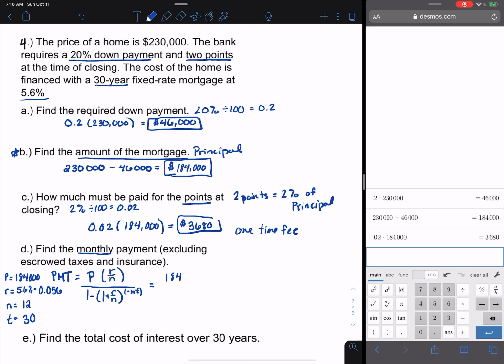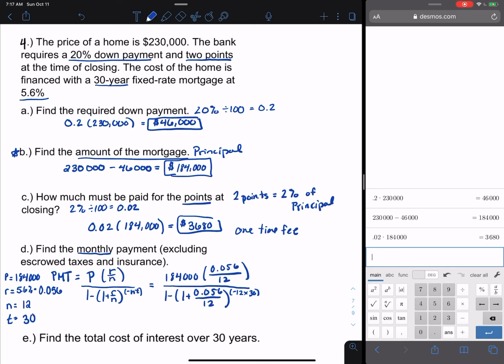So we'll have 184,000 times 0.056 divided by 12, all over 1 minus 1 plus, that same fraction, the 0.056 divided by 12, raised to the power of negative N, so negative 12, times T, 30.